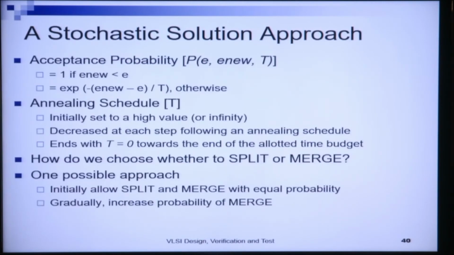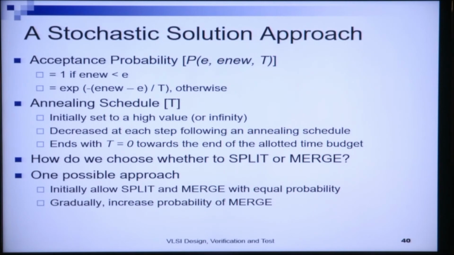And what does this value look like? When E new is greater than E, that means the new area cost is higher than the current area cost, then this value is 1 by e to the power E new minus E by T.